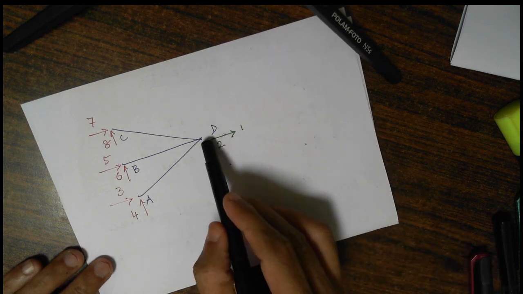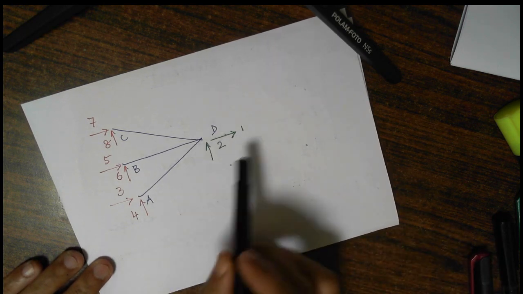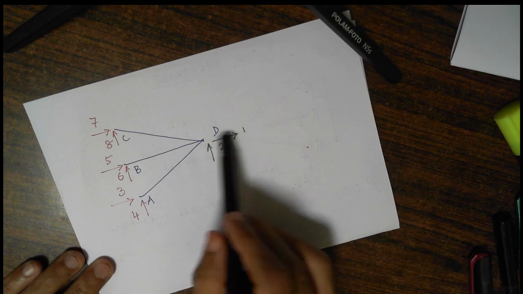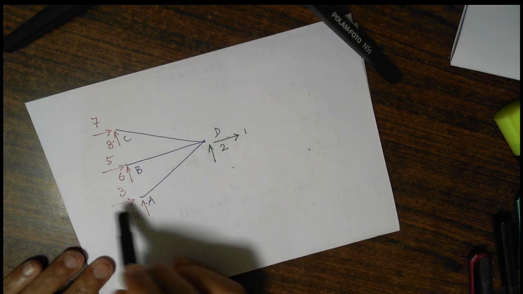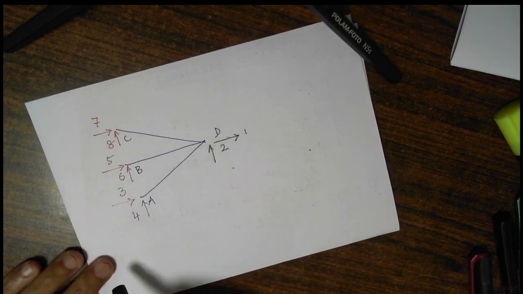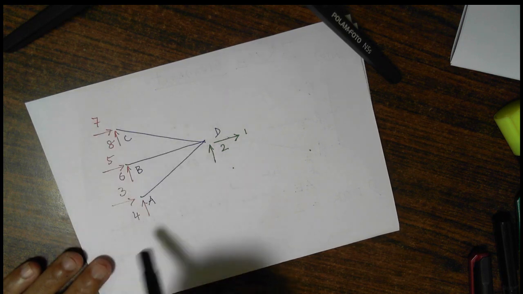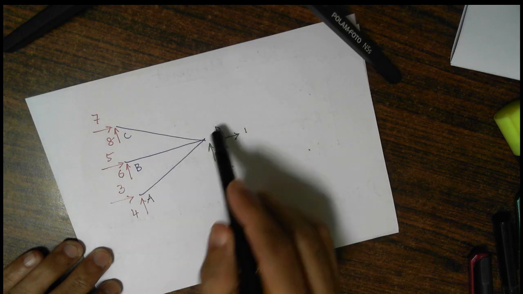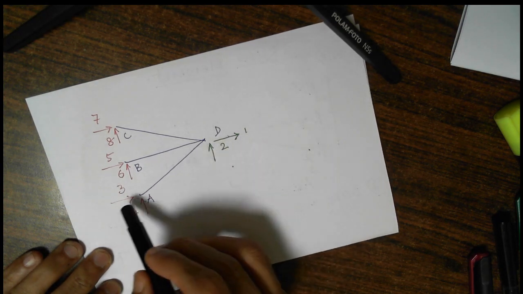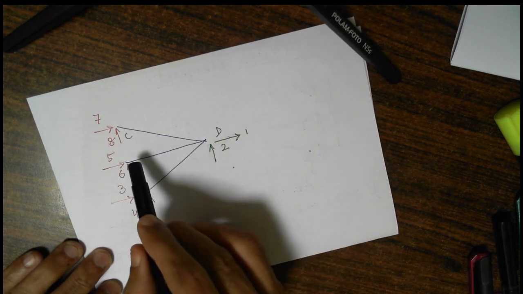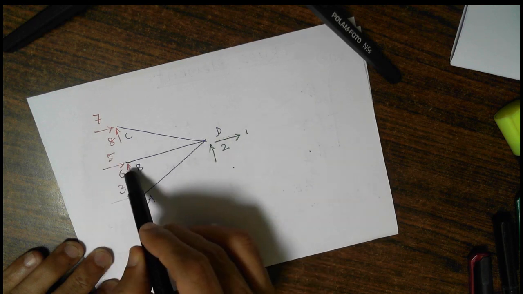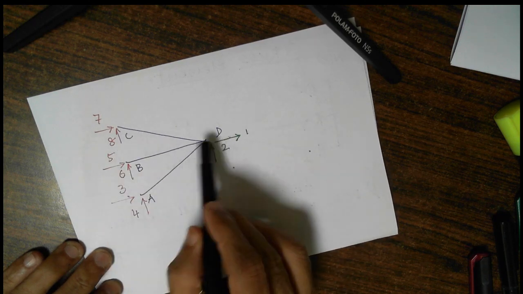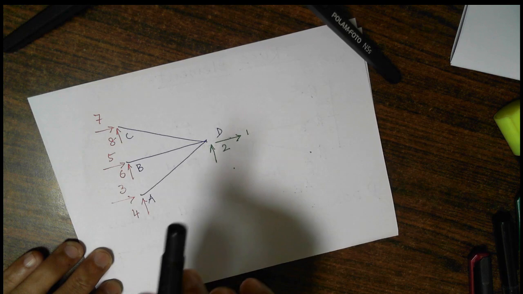Now in this case, 1, 2 are possible degrees of freedom, that's why they are indicated in green color. 3, 4, 5, 6, 7, 8, all these are non-possible degrees of freedom. So member AD will be termed as 3, 4, 1, 2. Member BD will be termed as 5, 6, 1, 2, and member CD will be termed as 7, 8, 1, 2 in global terms.